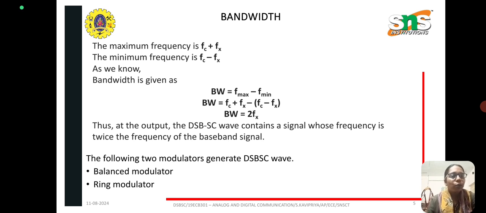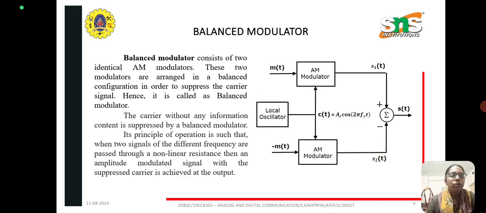There are two modulators which generate the double sideband suppressed carrier wave. The first one is the balanced modulator and the second one is the ring modulator. The balanced modulator has two AM modulators. These modulators are arranged in a balanced configuration in order to suppress the carrier signal, hence we call it a balanced modulator.